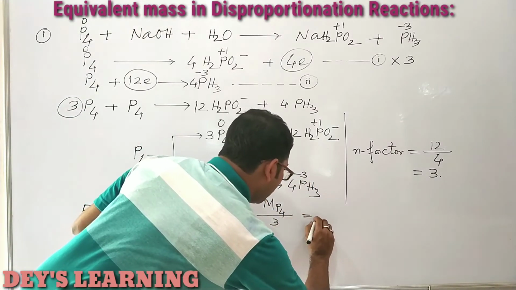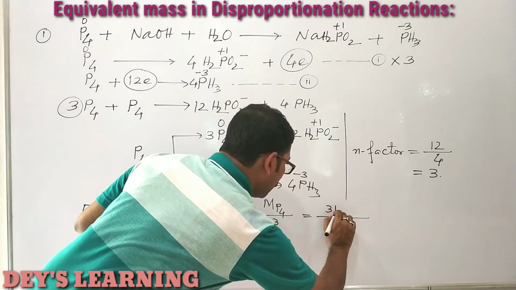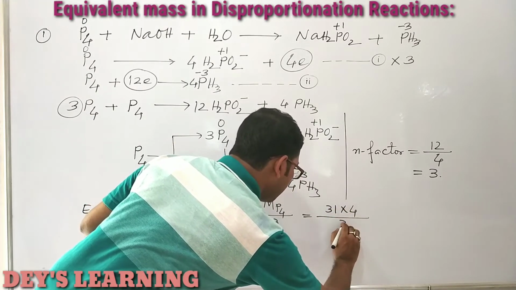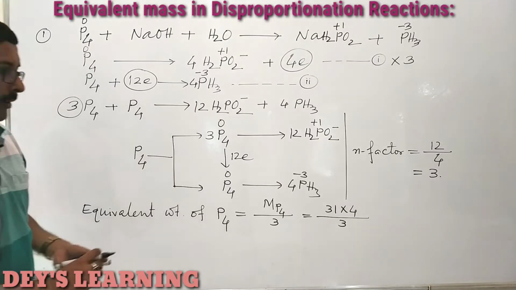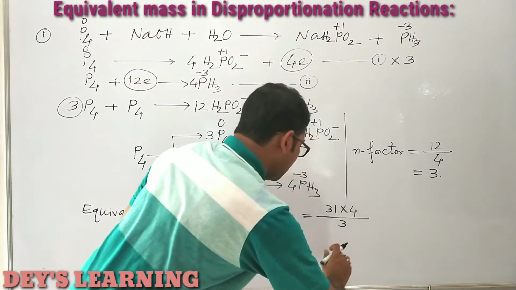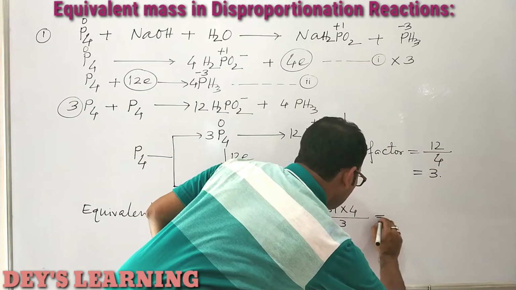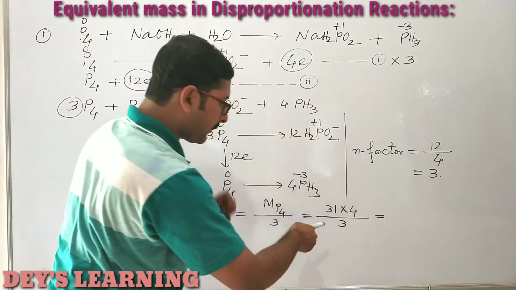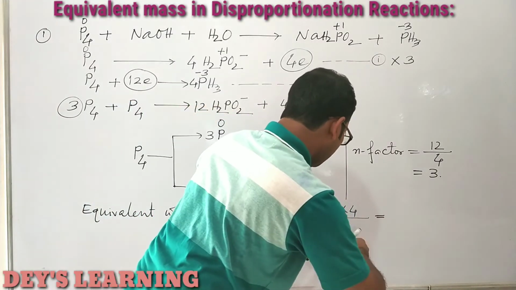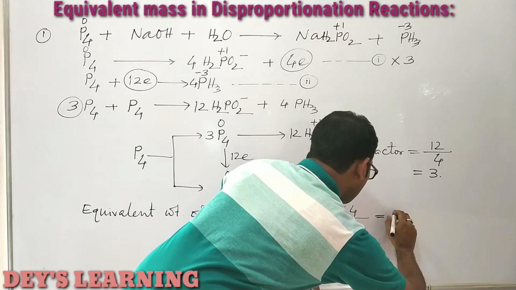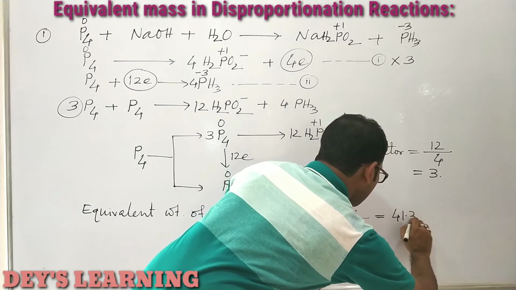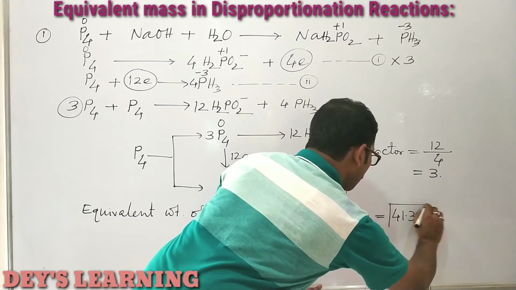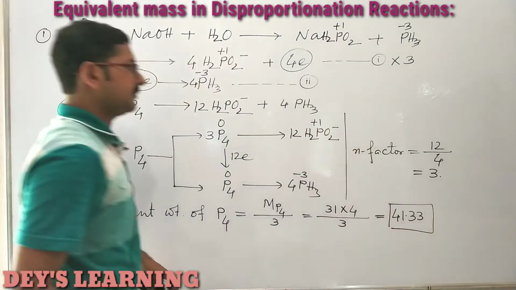The molecular mass of phosphorus is 31 into 4 divided by 3. So this is 10.33 into 4. This is 41.33. This is the equivalent weight of phosphorus in this reaction.